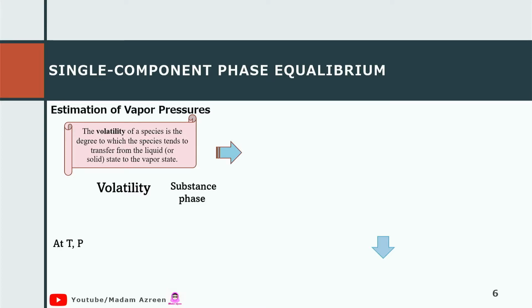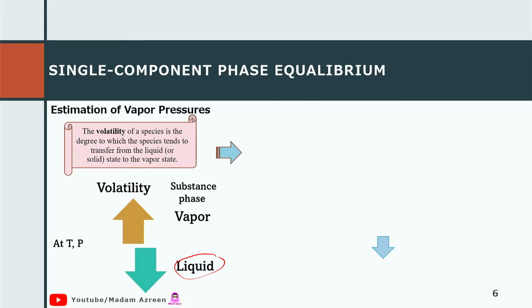It is in a liquid, but how high is the tendency for it to be vapor? If the volatility is high, the substance tends to be vapor. If the volatility is low, the substance tends to be liquid. Or in simple words, we say a volatile component and a non-volatile component.